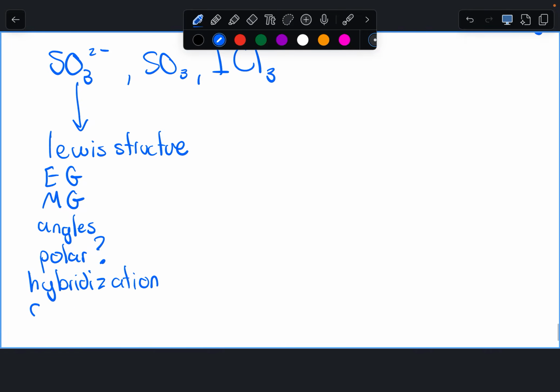And then the other thing we could do is how many sigma and pi bonds there are. We'll do this first, give you a couple minutes to do it, and then we'll talk through it with a lot of detail about hybridization and sigma and pi, just to make sure you're comfortable with that, and then we'll do the last two, okay? I'll give you a few minutes to do that, because that is kind of a lot of stuff.